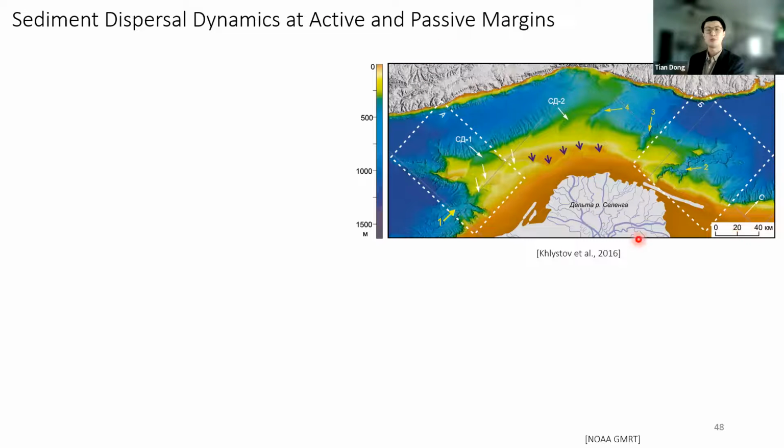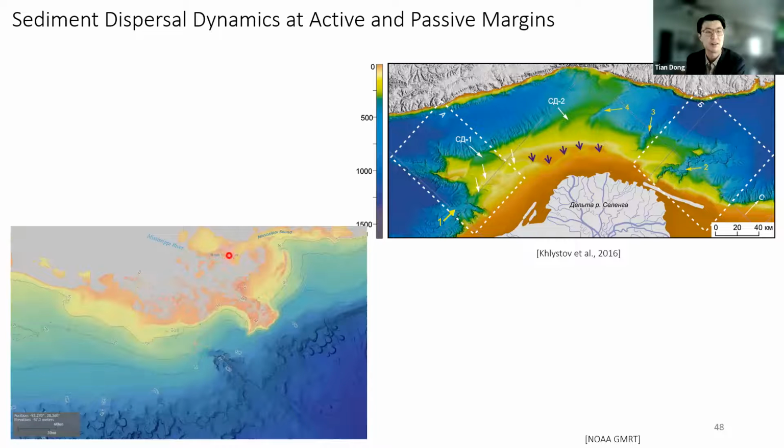Here I'm showing a bathymetry map of the Selenga Delta, where large submarine canyons connect to the subaerial delta, where sediment gravity flows can travel down these canyons and deposit sediments in the basin. A direct analog in the passive margin is the modern Mississippi Delta, showing NOAA bathymetry data, where the Mississippi Canyon leads very close to the modern birdfoot, the subaerial delta lobe.